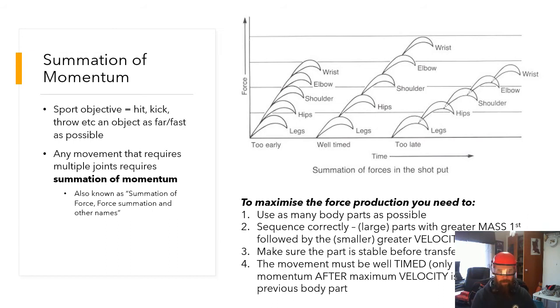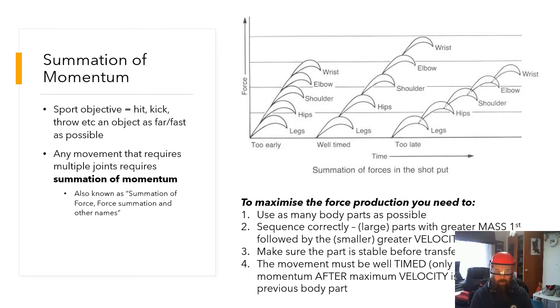There's a few different parts to a successful performance, and you can see the picture up the top there. If the parts are all moving too early, then you lose a lot of that force. And if they're moving too late, then you also lose a lot of force.